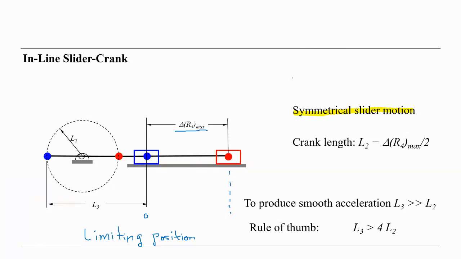I have shown the output motion will be like this. If we have here, let's say, 2P, that means 360 degrees, and here we have P, then the curve will be like this.